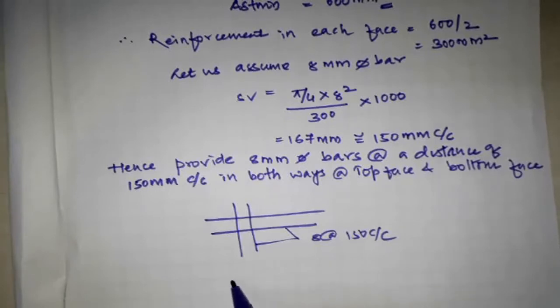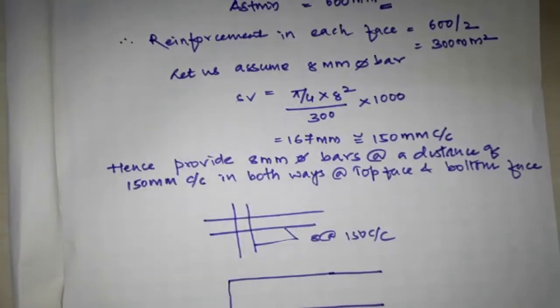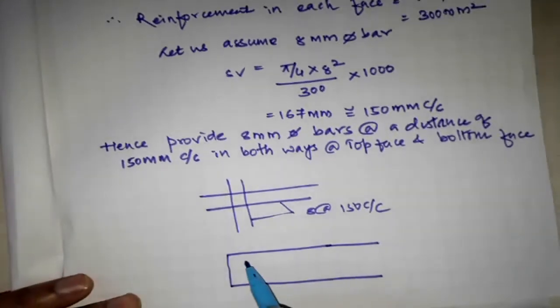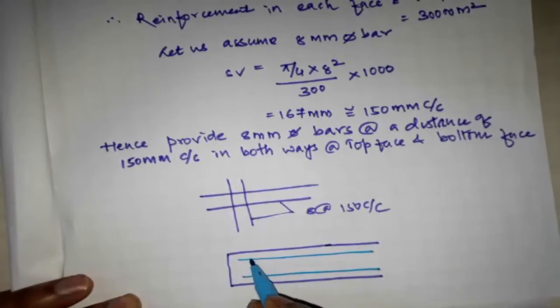Means if I draw the cross section of the slab, suppose this is a base slab, we have to provide the reinforcement in both directions. So the reinforcement will be like this. This is for one direction and another direction. We can see the dots if I cut and show you.